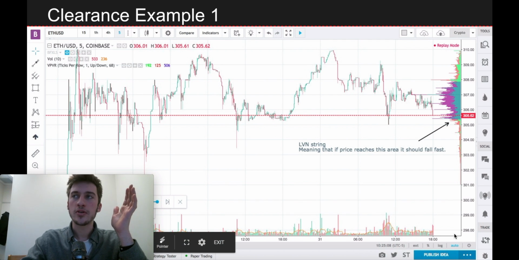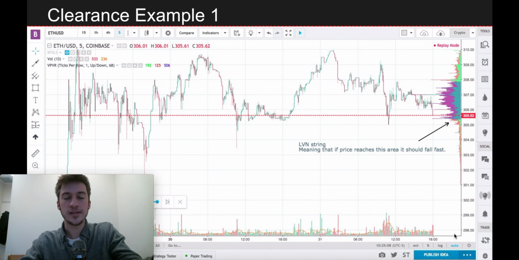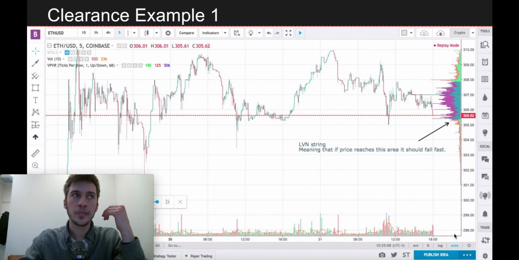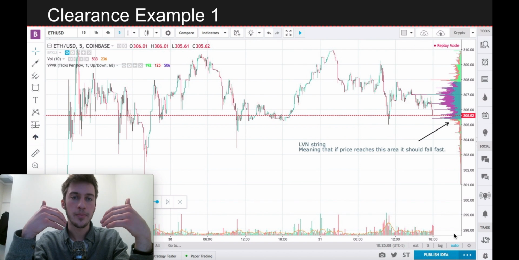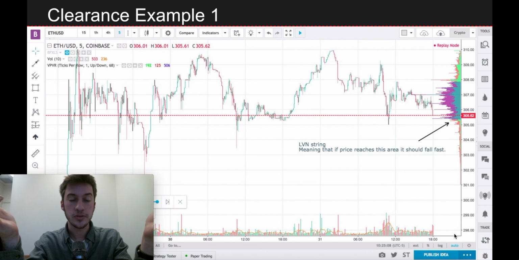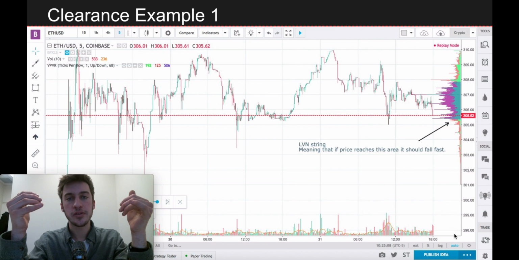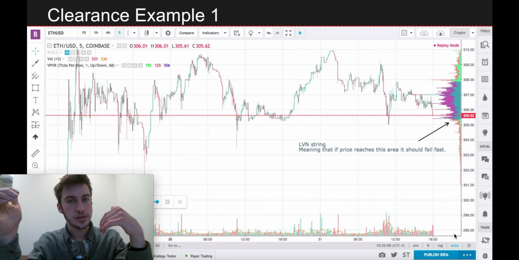And for those who are curious about why price likes to just rip right through LVNs and take a longer time with HVNs, it's because there weren't that many positions located in LVNs, since there's not much volume transacted at those levels in the past. And when there's not a lot of volume transacted, that typically means there's probably not a lot of orders at those levels.